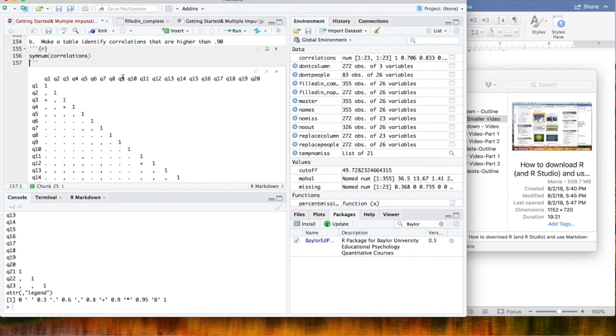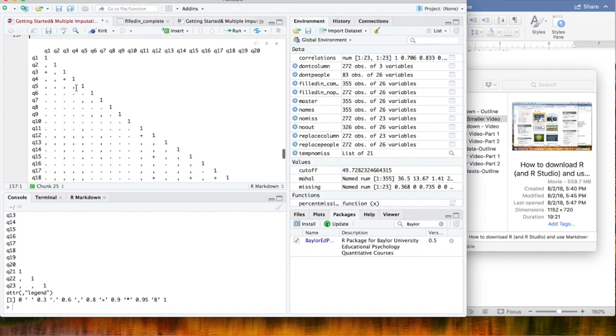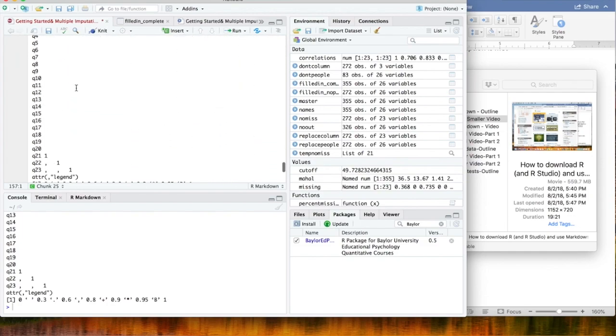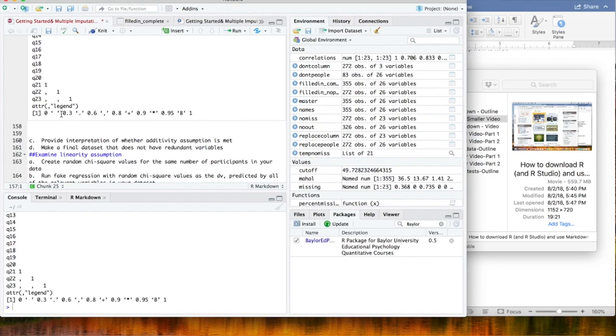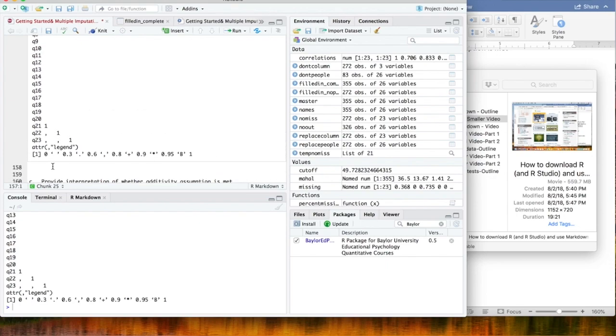Just like the bivariate correlations table, the y-axis and x-axis are your variables, and there's a legend over here. Let's interpret it this way.